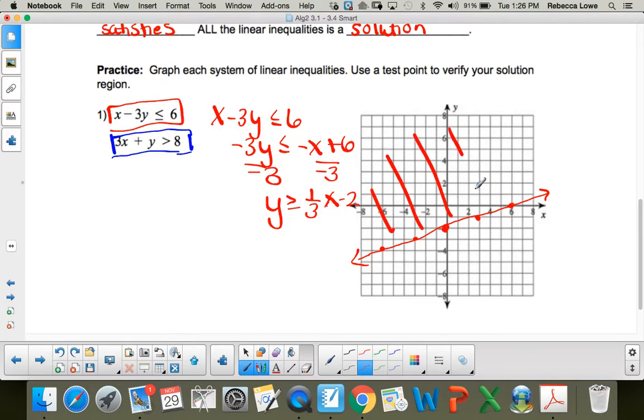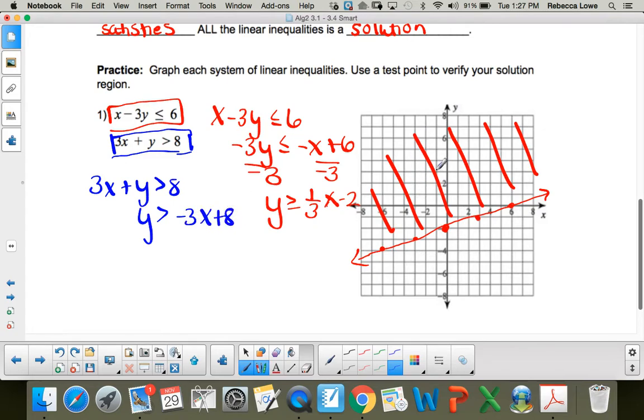So any point in this area is a solution to the red inequality. But this is a system, so we're looking for points that satisfy all of the inequalities. So now I'm going to graph the blue one, but first I'm going to solve that for y, just to make sure that the inequality doesn't flip over. So move the 3x over, it's -3x plus 8.